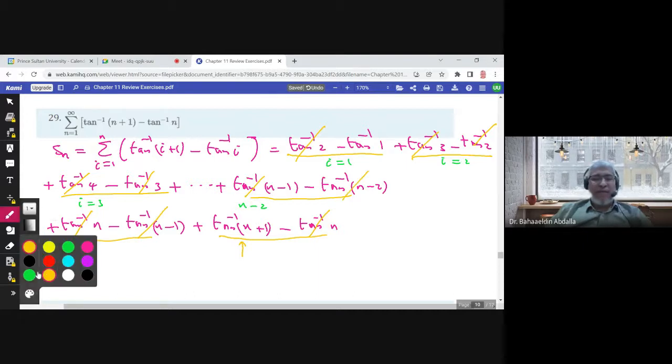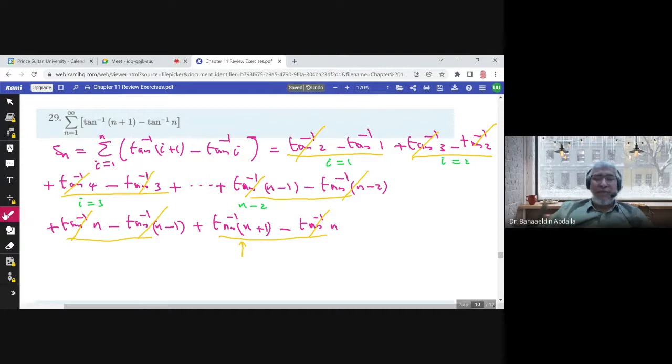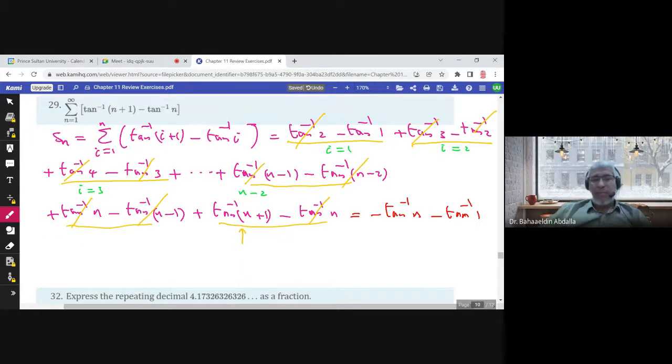And at the end, this is the telescoping sum. What's not cancelled is tan inverse (n plus 1) and negative tan inverse 1. So this would be the sum.